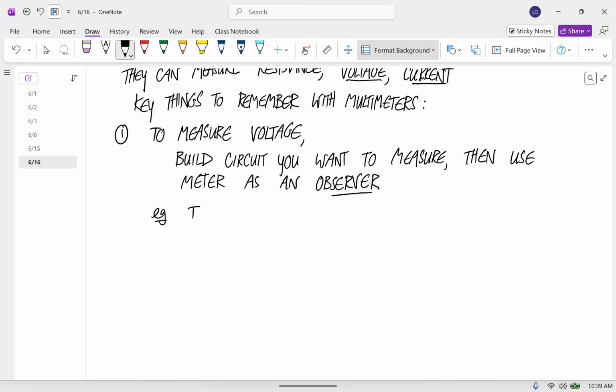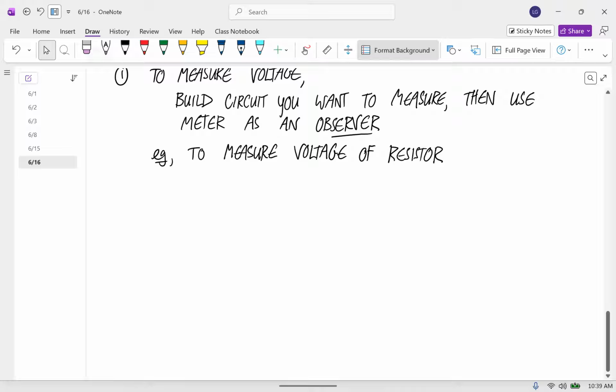For example, to measure the voltage of the resistor in this circuit, let's say that our circuit is, we have the 9-volt battery.